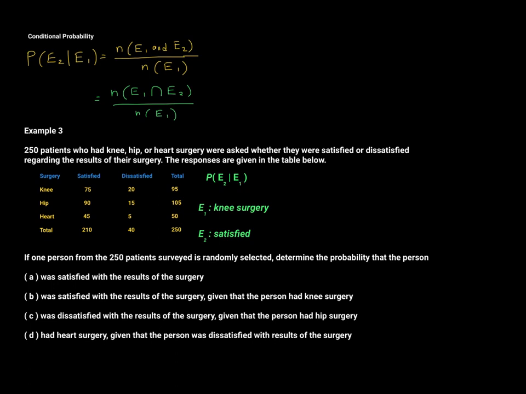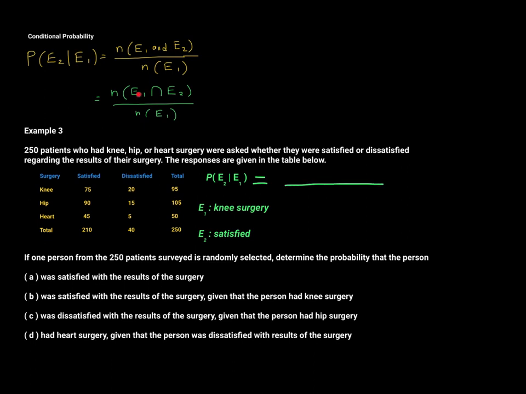All right, let's use our formula for this probability. The numerator is the number of sample points, or the cardinal number of E sub 1 intersection E sub 2, all of the patients that are in both of these sets. Let's look at our table.